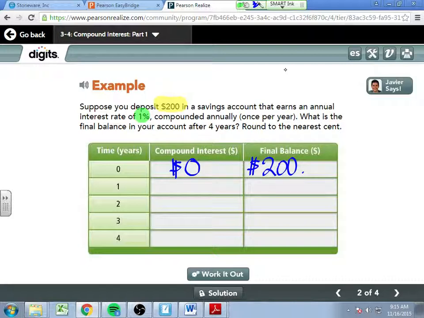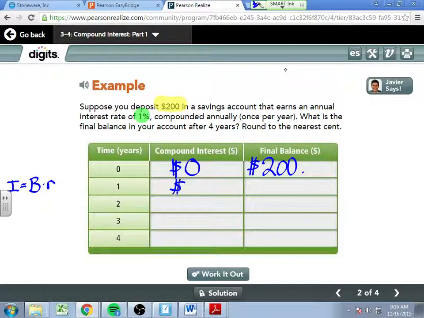So, to calculate 1 year, your interest made equals the balance times the rate. So my balance is 200, my rate is 1%. Well, what's 1% of 200? $2, right? Because I just moved my decimal over 2 places.